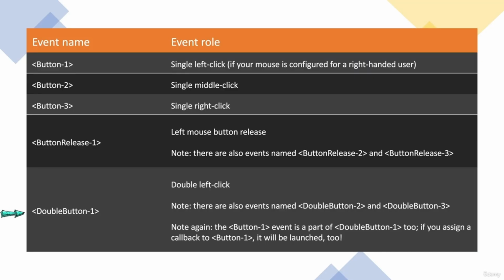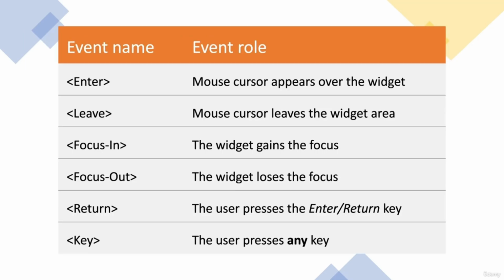And we also have Double-Button-2 as well as Double-Button-3 events. And also the Button-1 event is part of the Double-Button-1 too. If you assign a callback to Button-1, it will be launched as well.